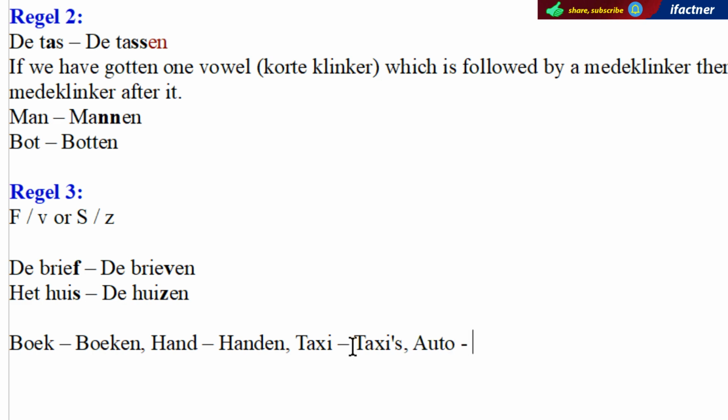Auto, it ends with a klinker, therefore it becomes auto's. So if a word ends with A, E, O, U or I, then we have to add apostrophe S at the end.